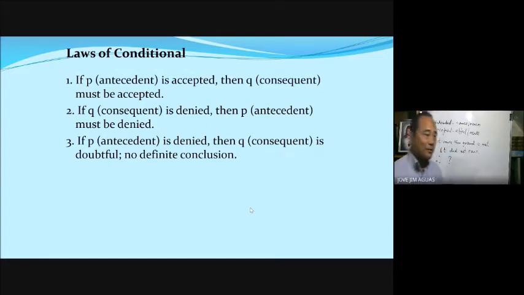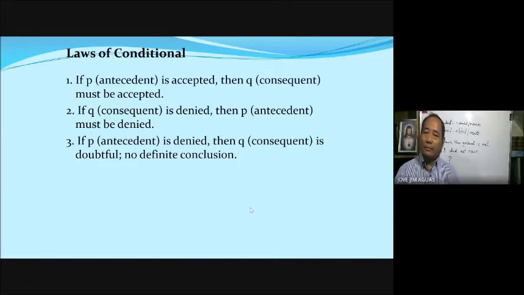So for example, you say, if you are a Catholic, then you are a Christian. Or a person is a Catholic, then he's a Christian. My friend is not Catholic. Does it mean that my friend is not a Christian?